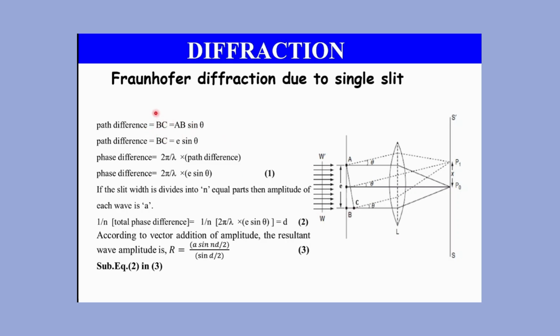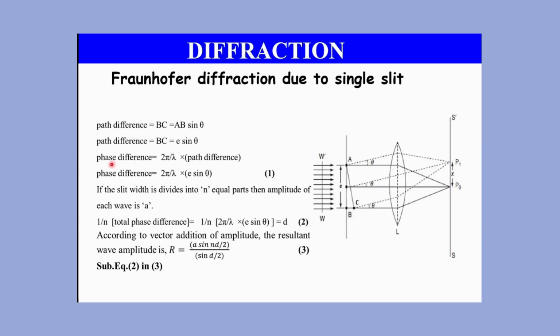We need to calculate the path difference between the normal rays and diffracted rays, that is, we have to find BC. BC is equal to AB sin theta. From this equation, AB is nothing but the width of the slit, which we take as small e. Therefore, path difference BC is equal to e sin theta.